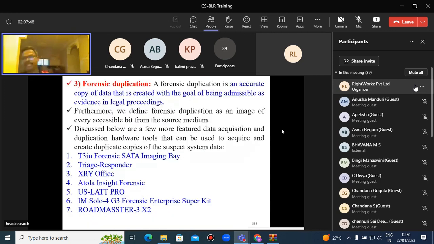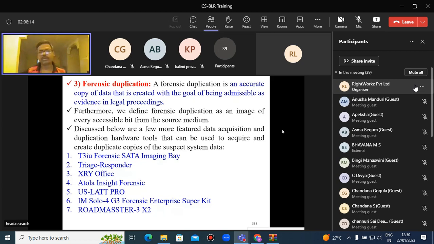Forensic duplication. A forensic duplication is an accurate copy of data that is created with the goal of being admissible as evidence in legal proceedings. See, why do we want to go for forensic duplication? I want to know whether this incident happened; an accurate copy of data you are producing in front of the judge.